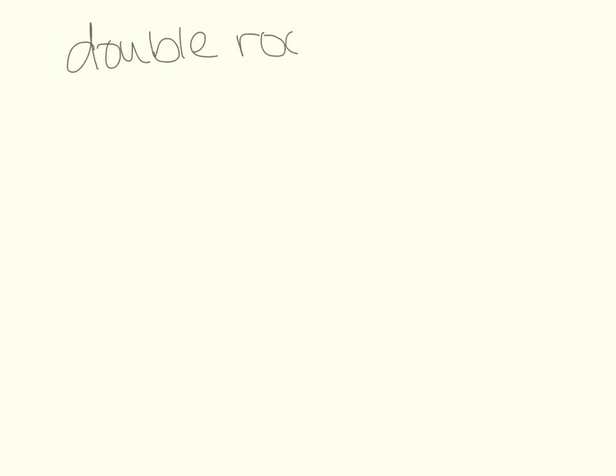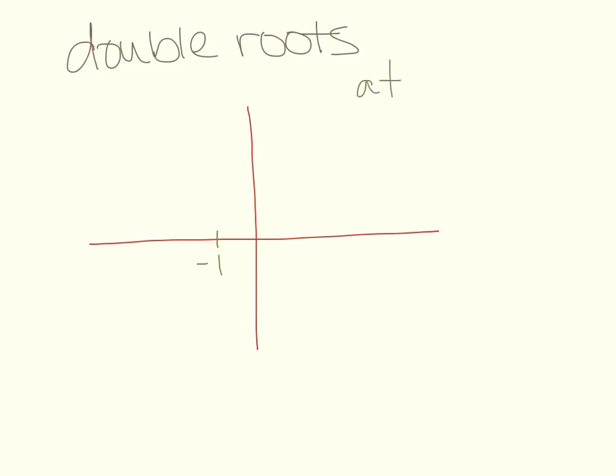There's one other quick thing I want to talk about, and that is called a double root. Double roots are when the graph, and I don't have a pretty graph for this, I'll just draw one, is when the vertex is, let's say, at -1. So if we have a double root at x equals -1, it means our parabola is going to look like that, and our vertex and our x-intercept are the same.